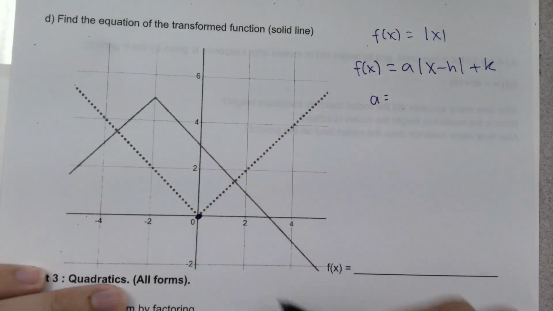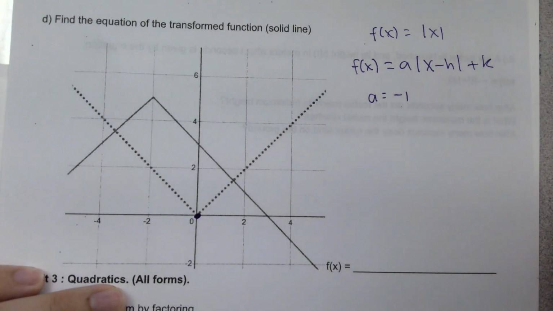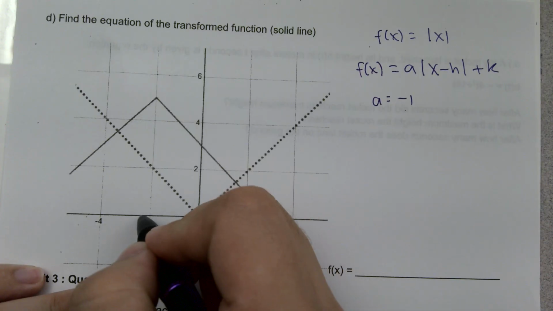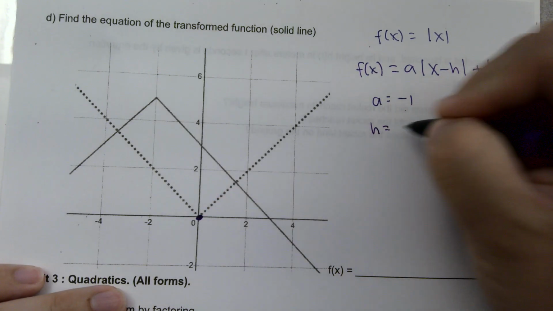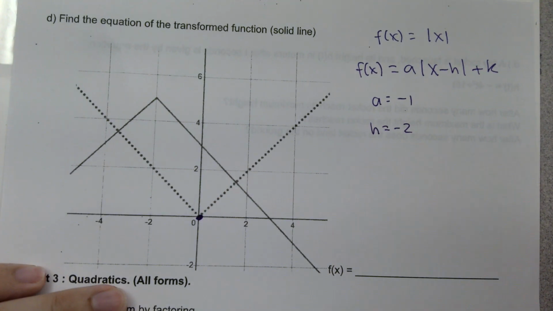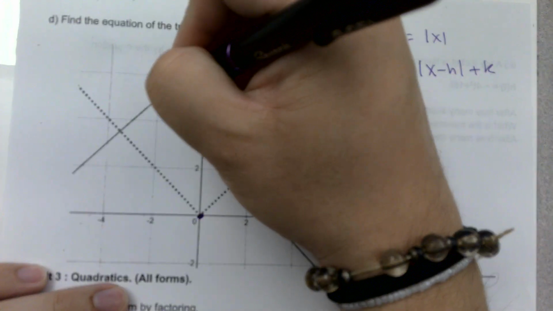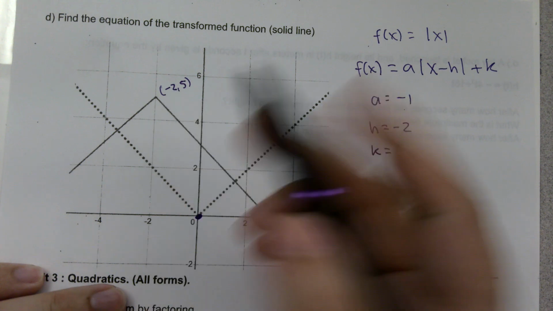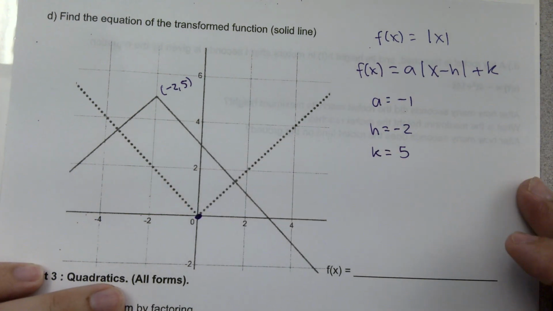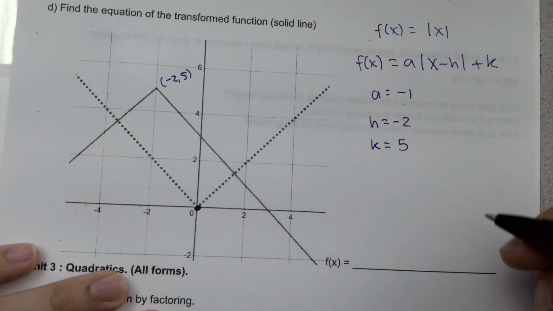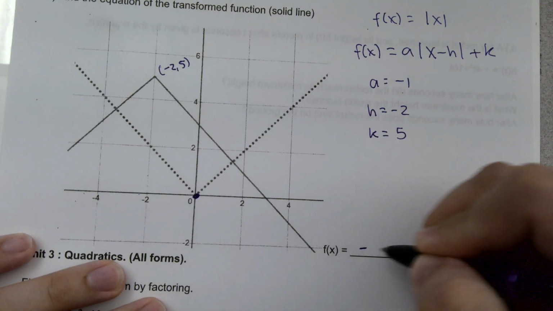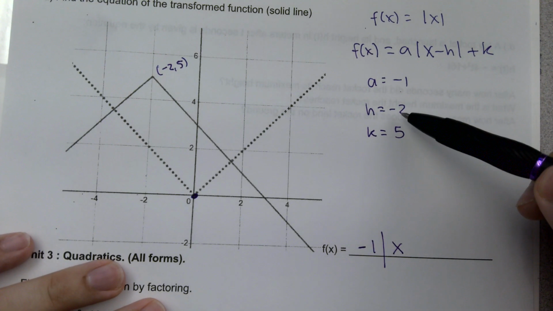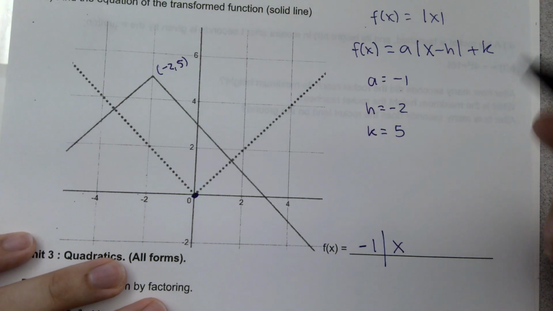This is now pointing down, therefore a is -1. There was a reflection. It went left 2 units, so h is -2. If it helps, write down your vertex first. Okay, it's 5. I'm going to substitute these values back into the equation. -1 times absolute value of x minus -2.